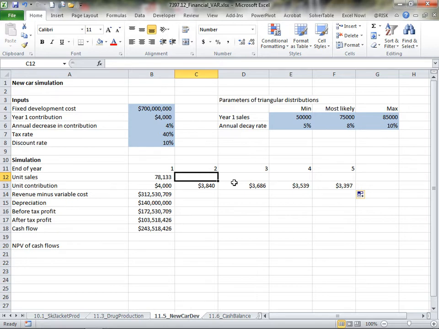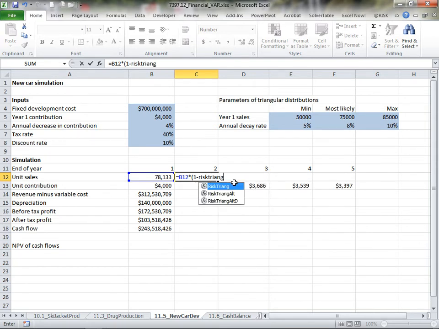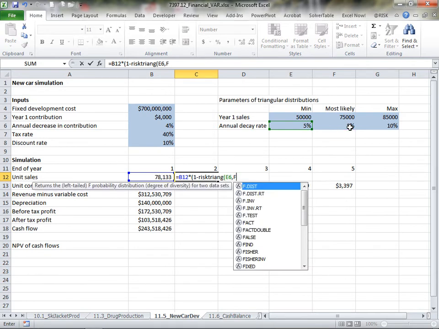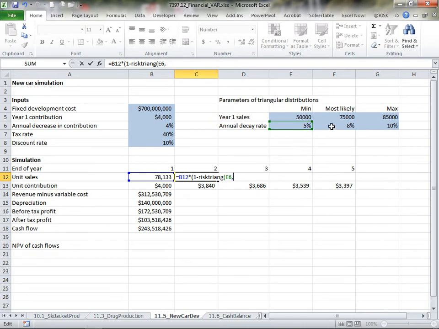I would say demand in year 2 is equal to demand in year 1 times 1 minus, and now instead of having a fixed value, it's going to be a value that's triangularly distributed. So I would say risk triang, 5%, 8%, and 10%.